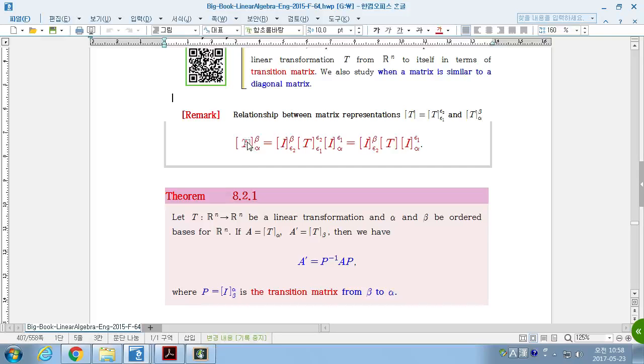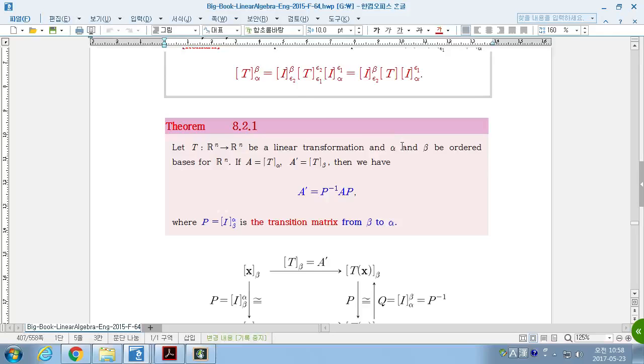This matrix can be found with the product of these three matrices. In section 8.1, you learned how to find this by solving the linear system of equations systematically. Now, this matrix can also be found by the product of this. That's what you have learned so far.